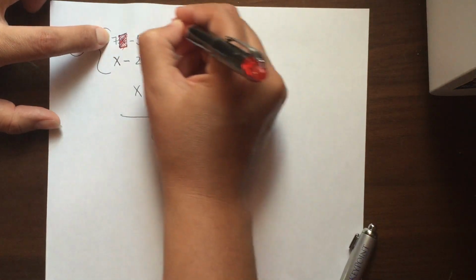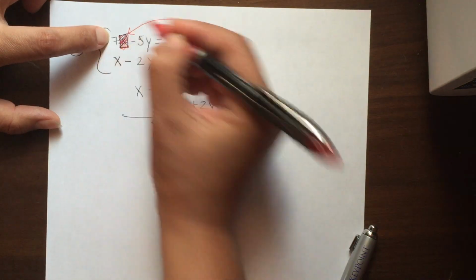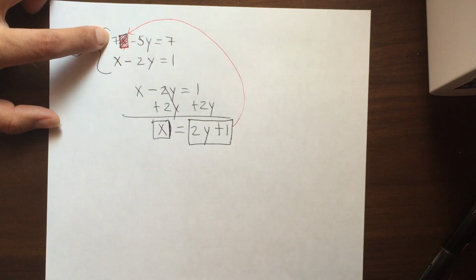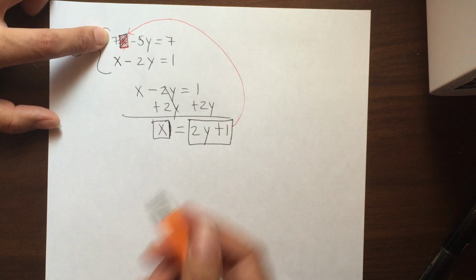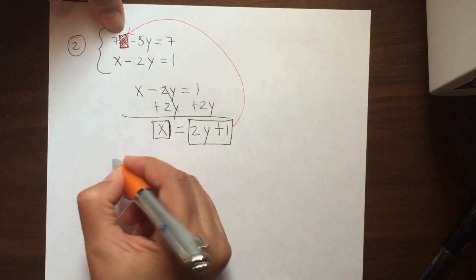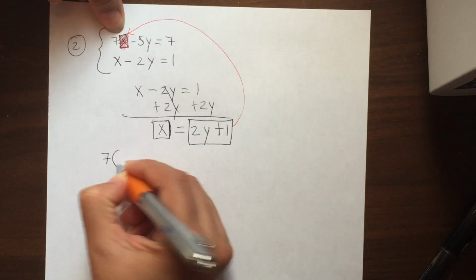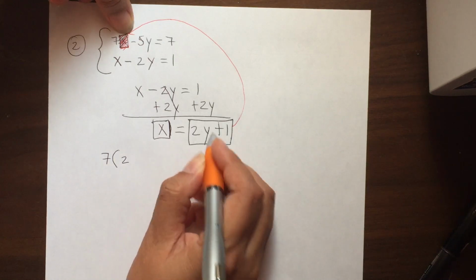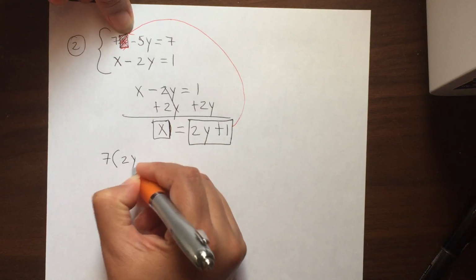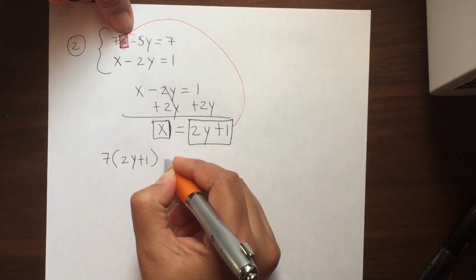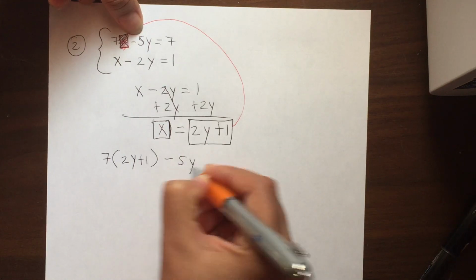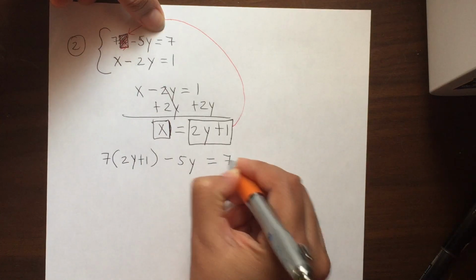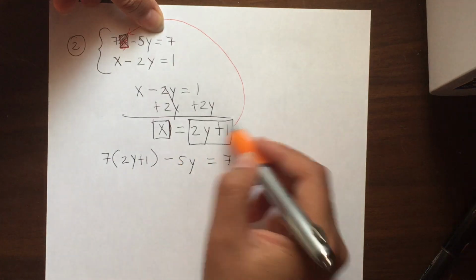And we're going to put the value of x into where the x was before. Okay, so we write everything else as it is. So it's going to be 7 times x, but the value of x is 2y plus 1, minus 5y equals 7. The next step, that's substitution.